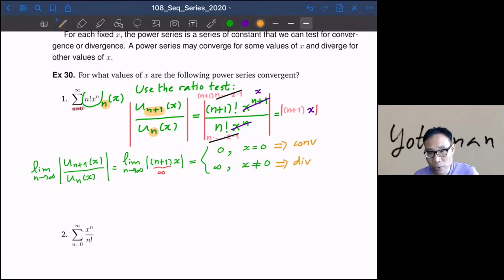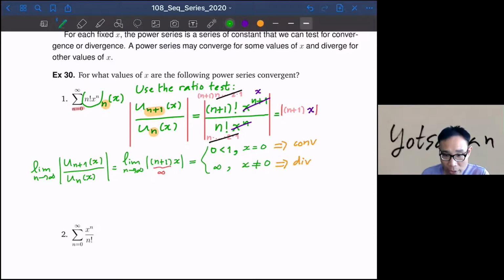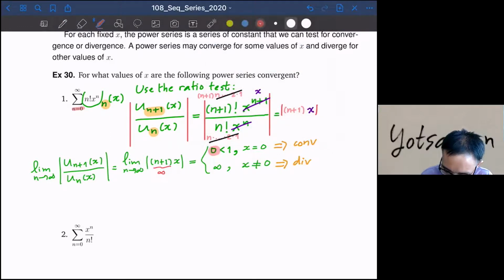Okay, so this one will be convergence and this one will be divergence, because the limit equal to 0 is smaller than 1. Okay, 0 less than 1. So it's going to be in the case that you have convergence, and you have divergence for the second case.